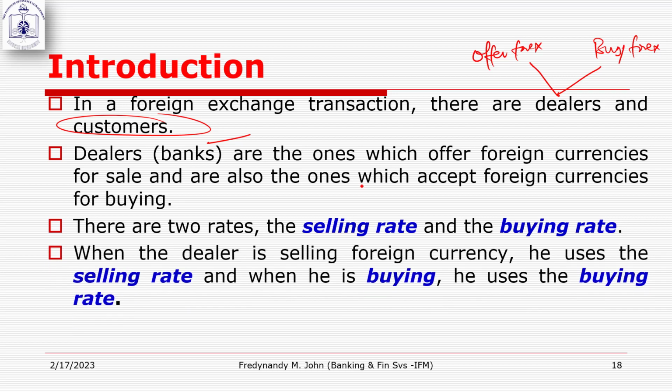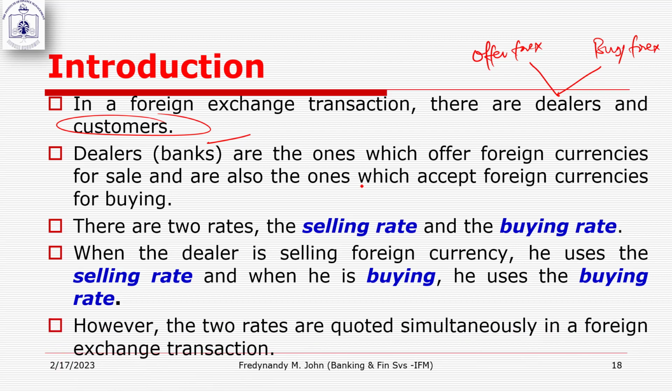However, I should insist that it is the dealer who buys and sells. That being the reason, the prices of currency that are offered reflect the dealer and not the customer. So it should be like a mirror image of the customer.